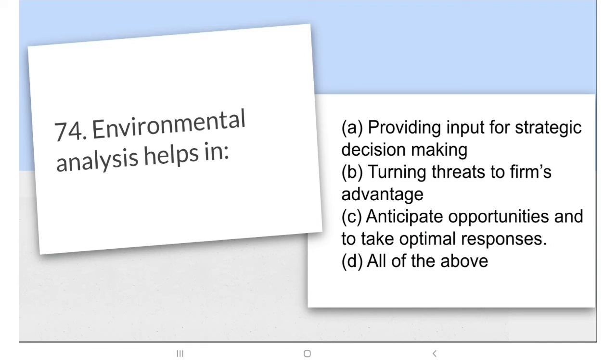It helps in strategic decision making. Option B is turning threats to firms' advantage. And anticipate opportunities and to make optimal response. So the right option is D, that is all the above. It helps in providing input for strategic decision making and all the rest of the options.